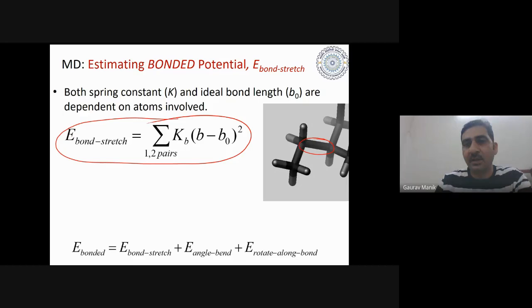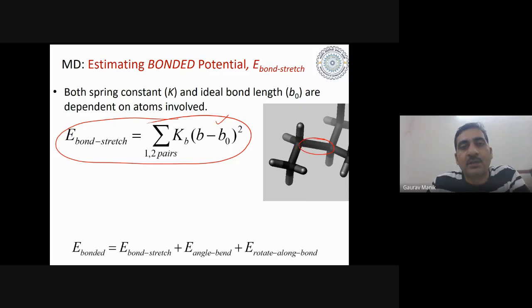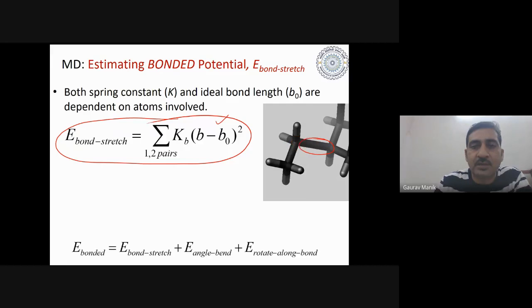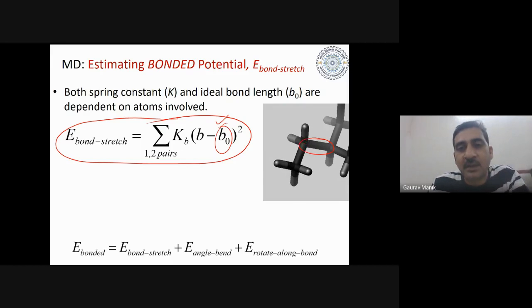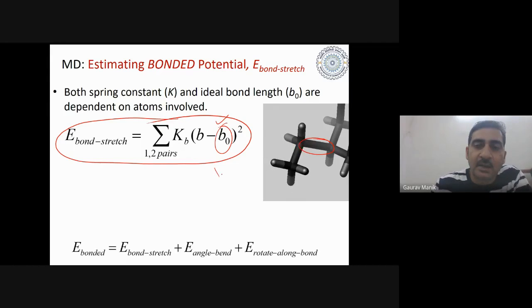So this is the bonding potential. It's assumed more like a spring, a Hooke's law kind of potential. So it's more of a spring potential which people have adopted. So this B0 is nothing but the equilibrium length that I was referring to. In the case of a C-C bond, it could be 1.54. If you see C double bond C, it would be around, I think, 1.4, and for a triple bond, around 1.3.